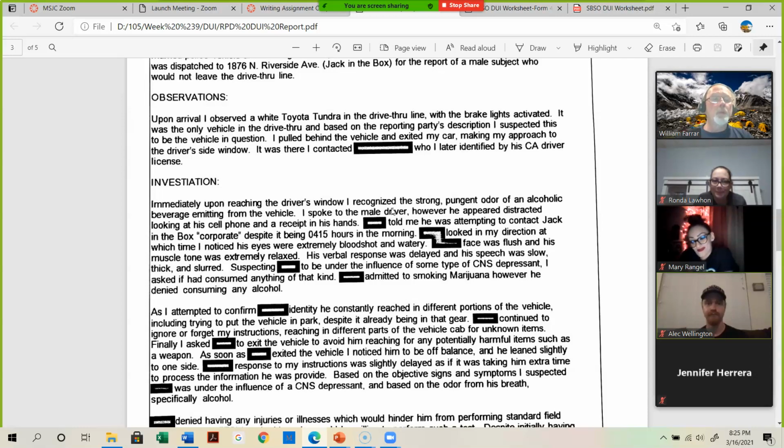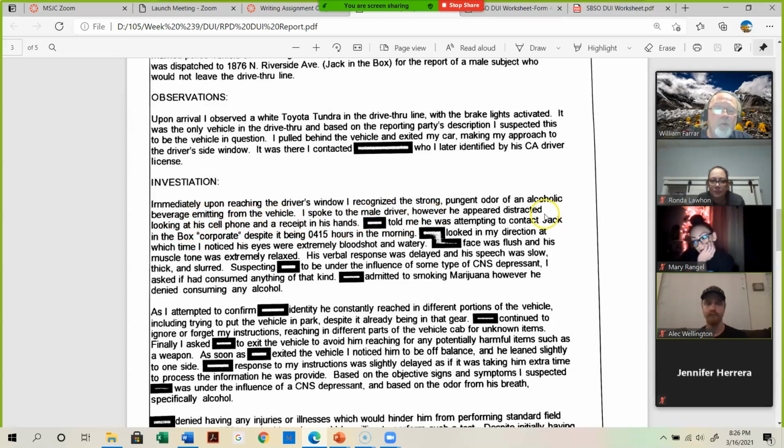So all you can really rely on is if you've ever smelled alcohol or an alcoholic beverage, that's how you say it. It'd be the same thing if you smelled marijuana. You smell the odor of what you believe to be marijuana coming out of the vehicle. Here, he recognizes the odor of an alcoholic beverage coming out of the car.